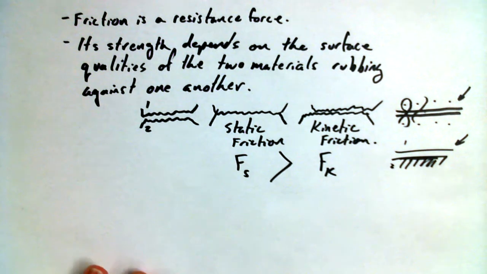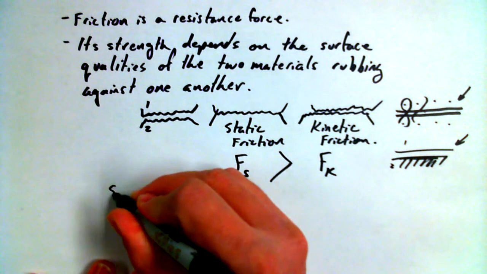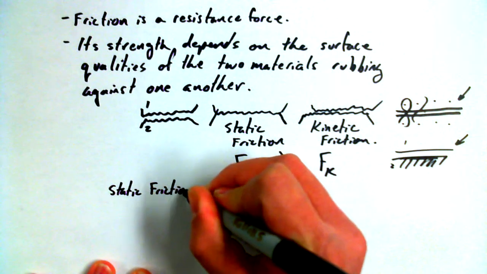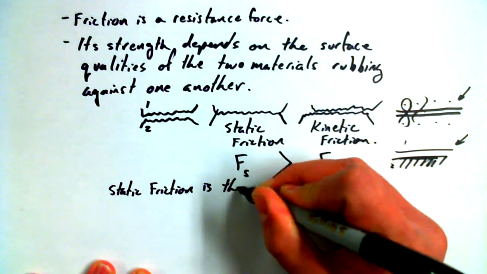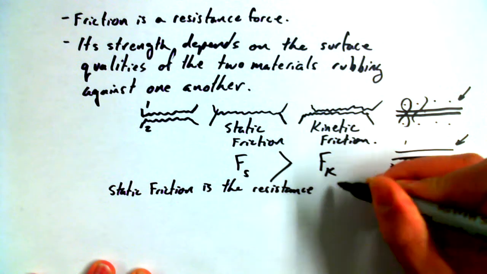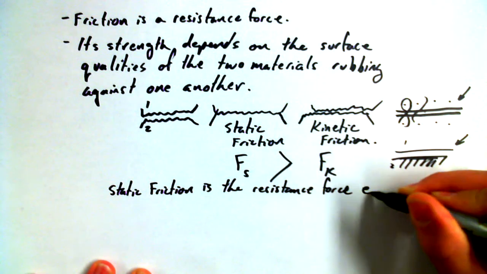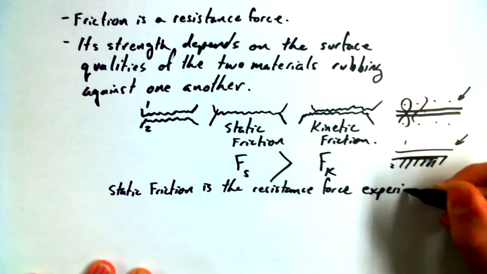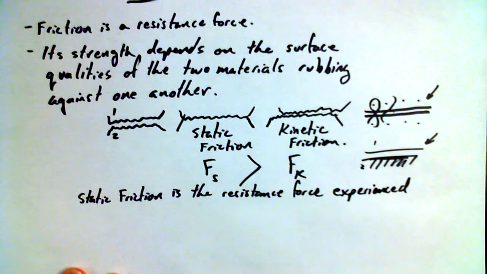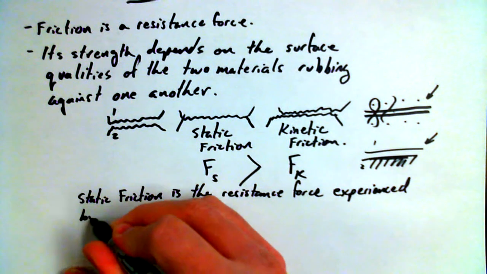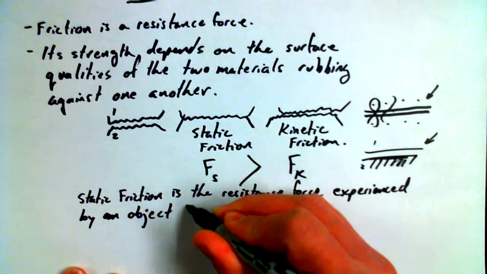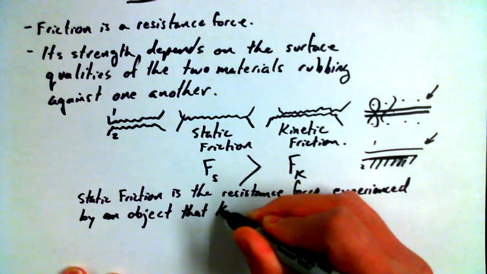So we've got static friction, and maybe we'll put it in writing. Static friction is the resistance force experienced by an object, or we could say exerted on an object, but I'll say experienced by an object, that keeps it from moving.